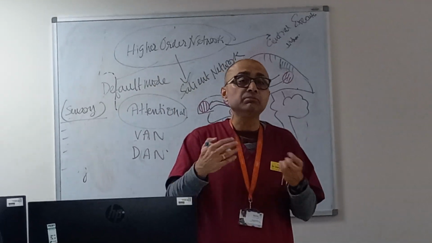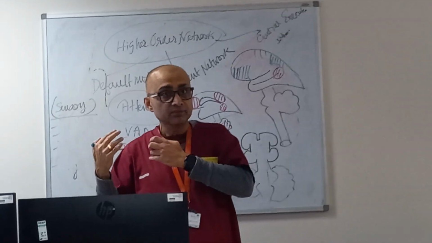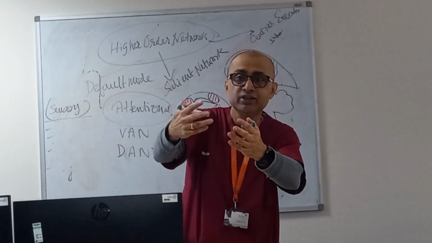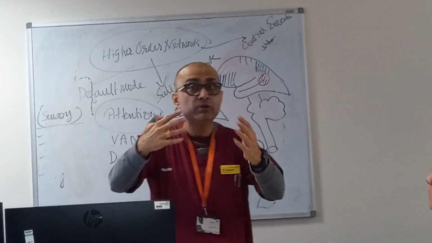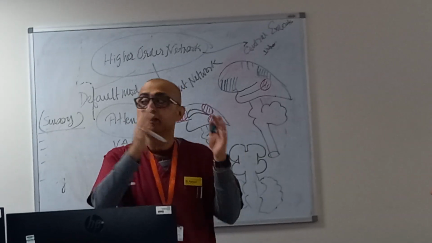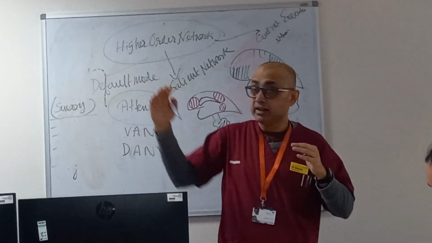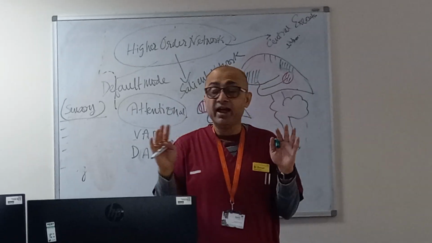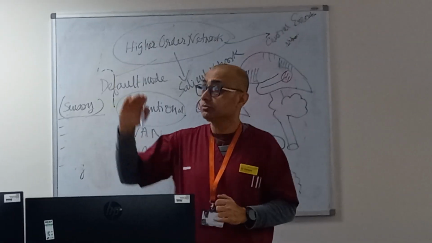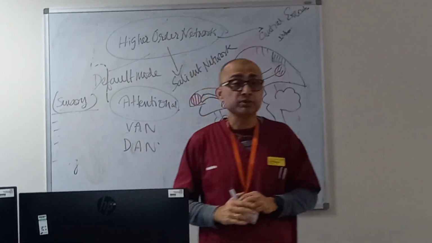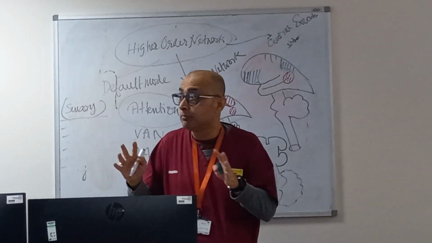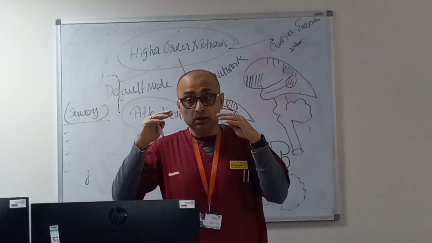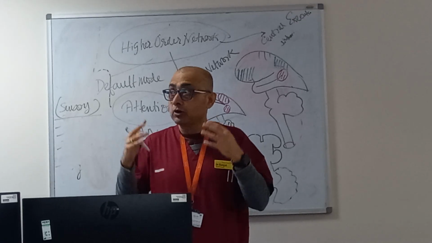That's why sometimes you are internally thinking, sometimes you are trying to solve a problem. Even when you are trying to solve it, sometimes you drift, because in the normal state the salient network is the switch which is drifting. And we have already discussed the parts. So these are the three most important higher order brain networks.